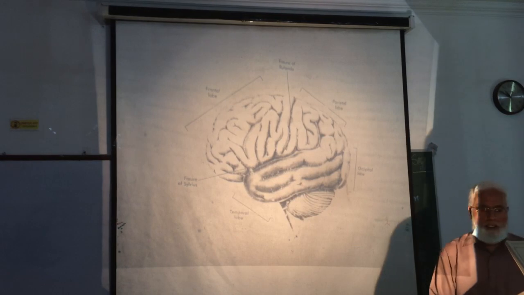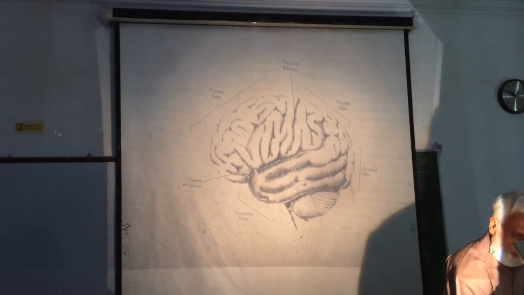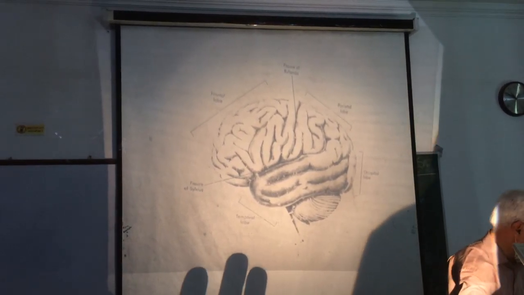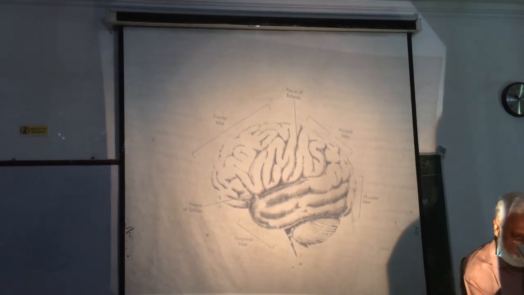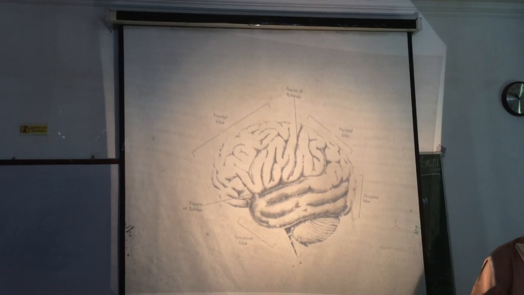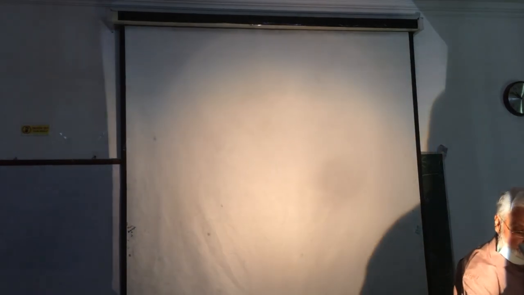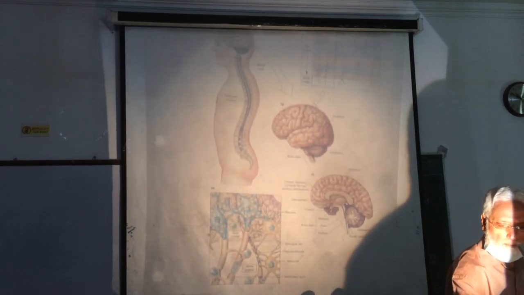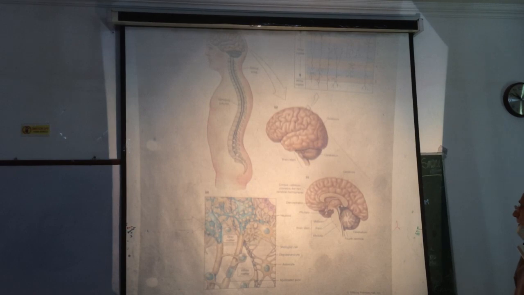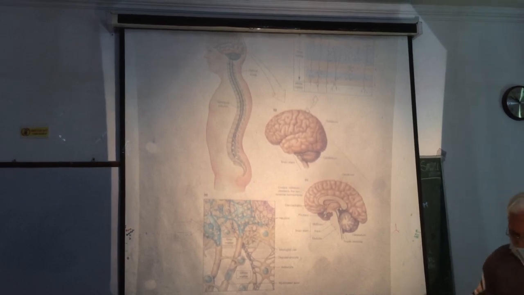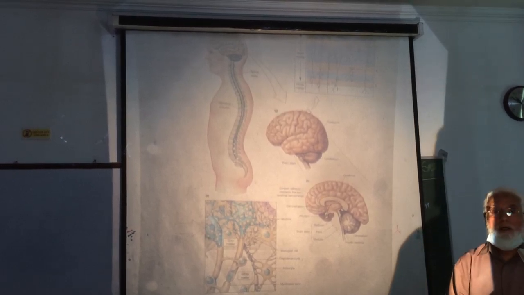We know the inner core of the cerebral hemisphere is white matter. Now in the white matter of each cerebral hemisphere, there are masses of gray matter, the basal ganglia.